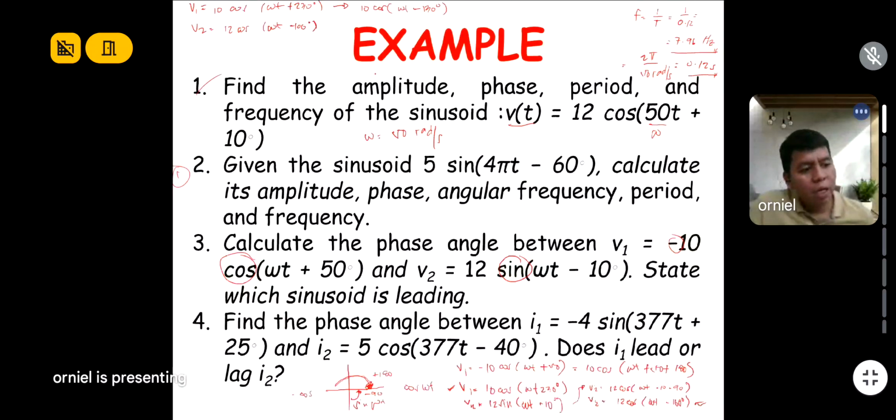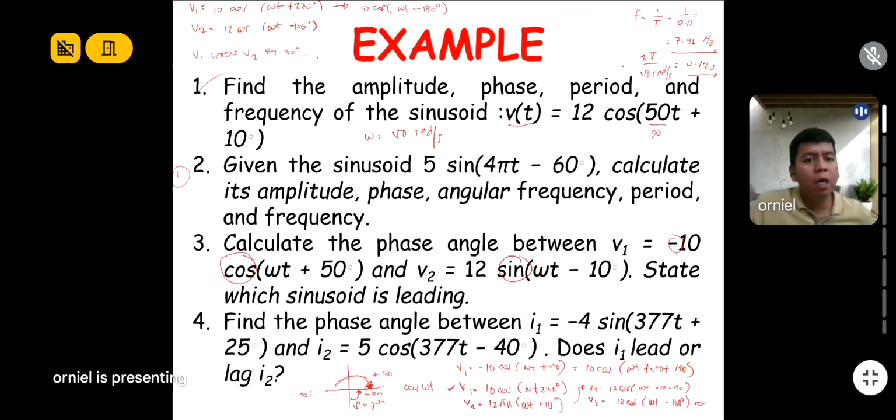Negative 130 or positive 230, they are the same. Now, to see the difference, it is negative. So, therefore, V1 leads V2 by 30 degrees.